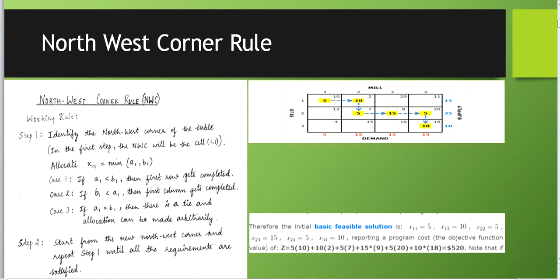To check whether the given problem is balanced, the summation of demand should be equal to the summation of supply. Here demand is represented by B and supply is represented by A. This is just the normal representation being given.